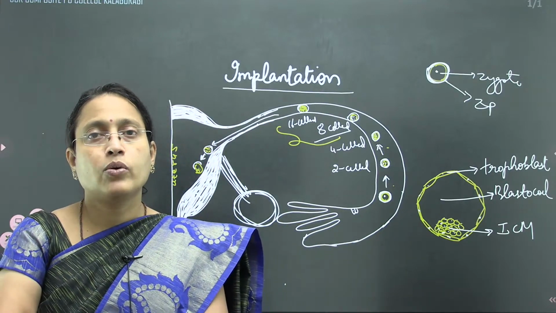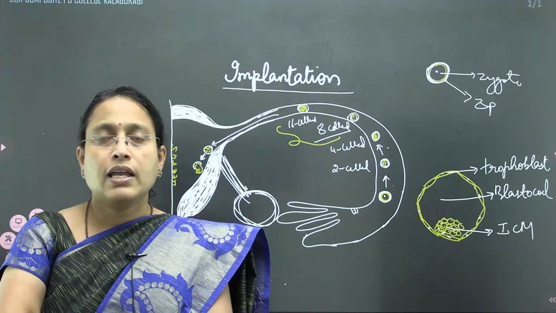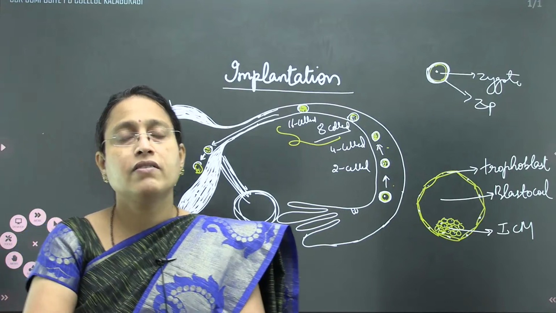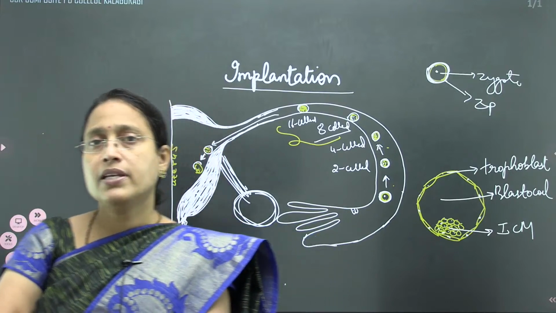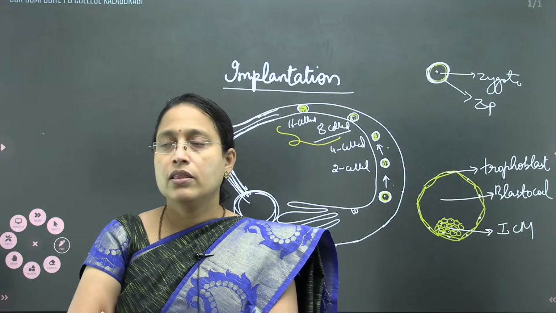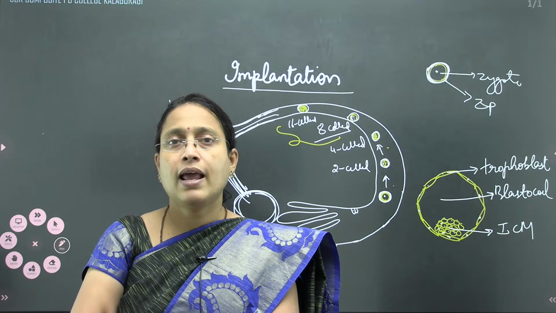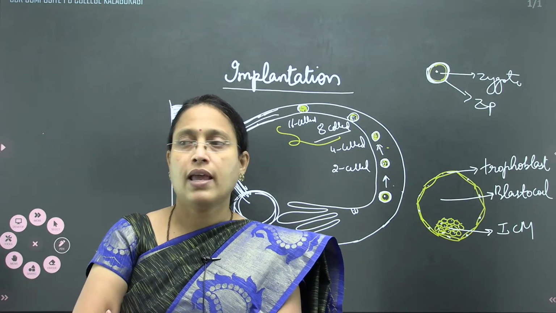Now first, trophoblast. Trophoblast is the outer layer of thin cells in blastocyst. In future, this trophoblast develops into extra embryonic membranes. The known extra embryonic membranes are what? Chorion, amnion, allantois, and yolk sac.